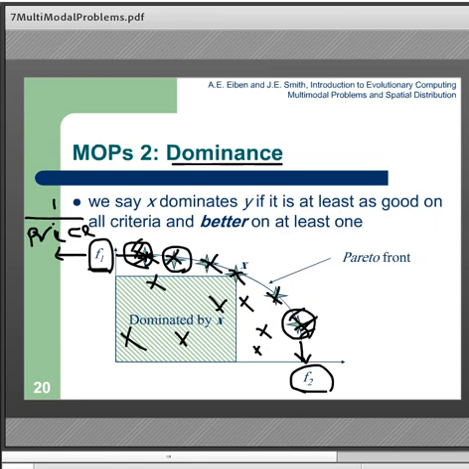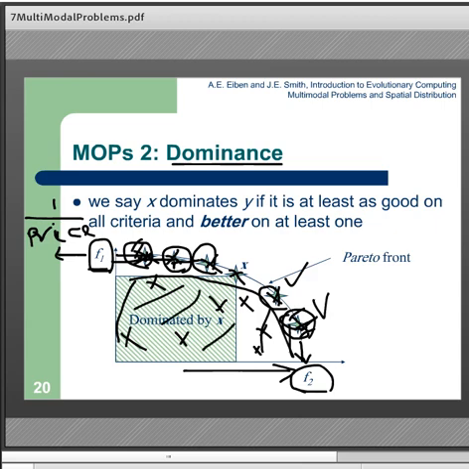Also, we have another individual. For example, this individual is good with F1 and is better than all of these elements by F1, and this and this are the best with F2.